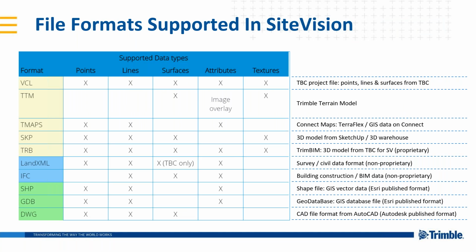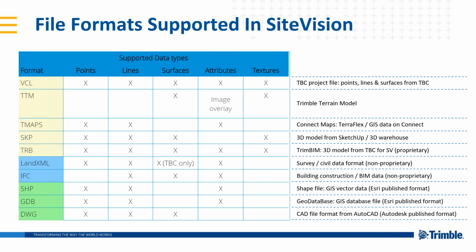So just before we bounce over to my colleagues to show some of their customer examples, I wanted to spend a moment on this screen that shows all of the different data formats that are supported with the SiteVision system, and not just the data formats, but all of the different types of objects and data that can come across in those various data formats as well.